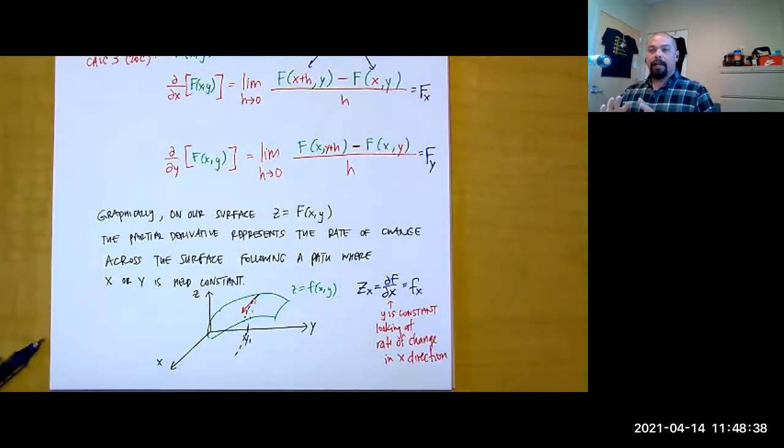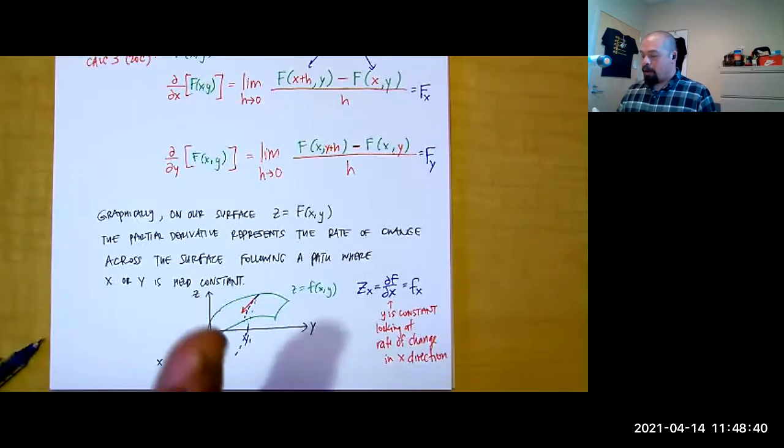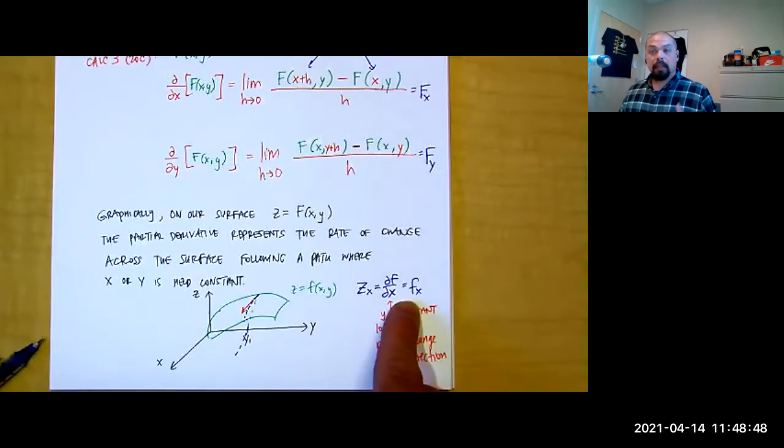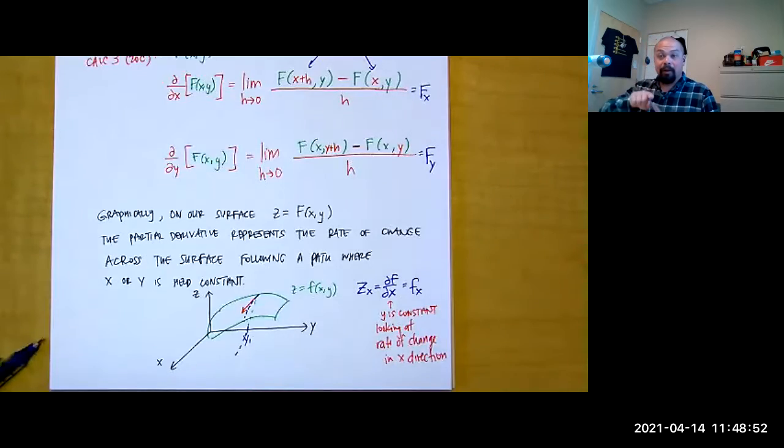If we were walking along that surface at one fixed y value, walking on this path, that derivative, that slope, tells me what we're experiencing in that x direction. Positive means we're increasing, we're going upwards. Negative or decreasing, x is going downwards.